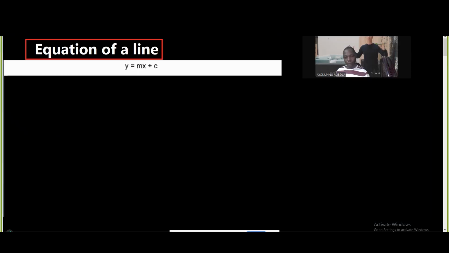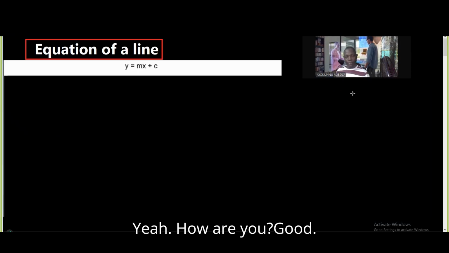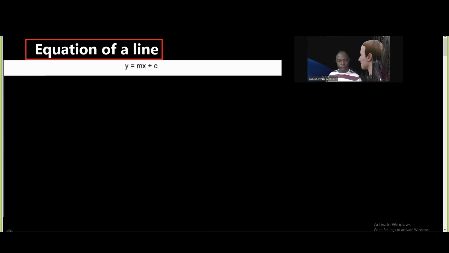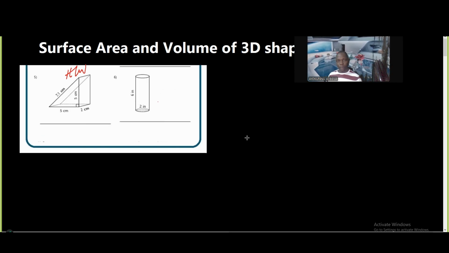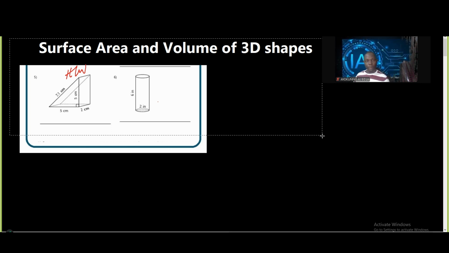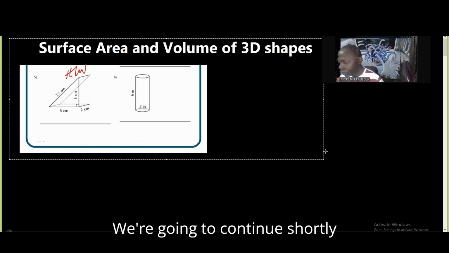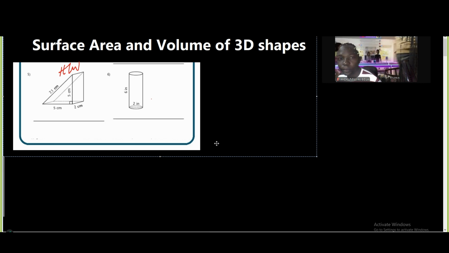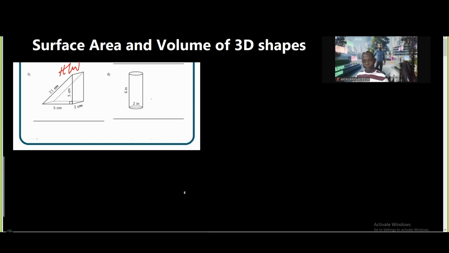Thanks for watching. Yeah, how are you? Good. All right, please send me your assignment. So I'm going to get the assignment, then we're going to continue shortly. After getting the assignment, yeah.